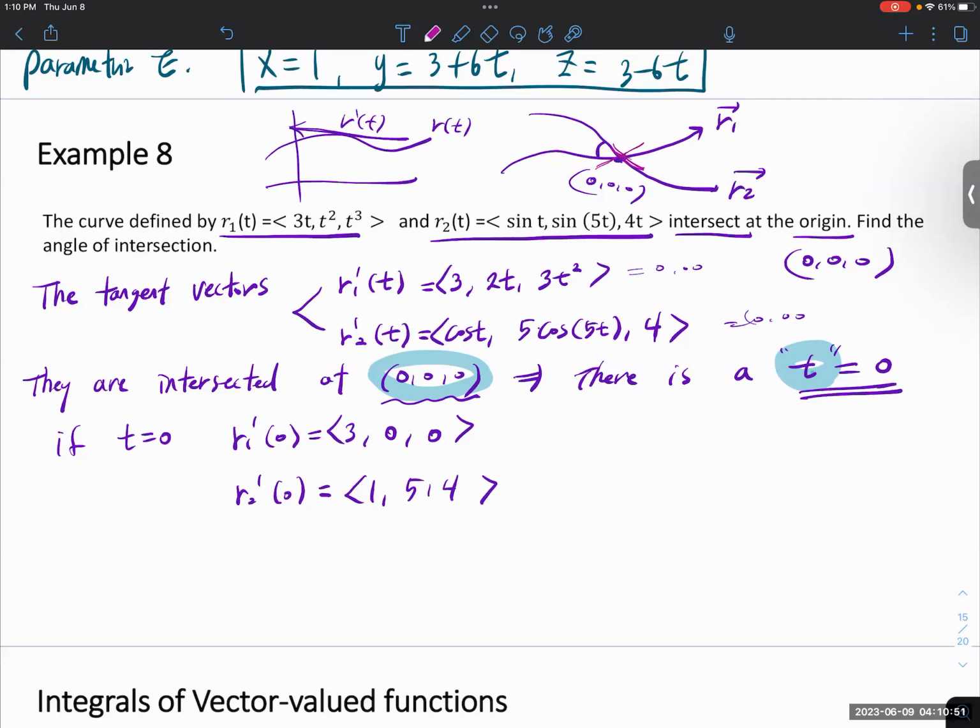They're going to intersect as well. This is r1 prime, this is r2 prime. They intersect at 0, 0, 0, where t equal to 0. But my question is not finding this. I want to find out the angle that they're creating.